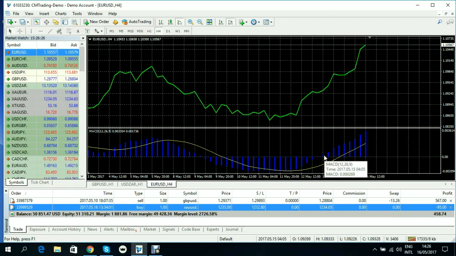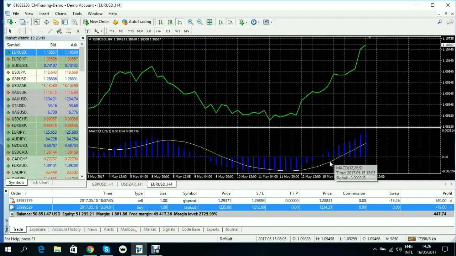Let me take it again. For a buy signal using MACD, the bars will have to be above the zero. They will have to be above the zero, like we can see here, or even here.